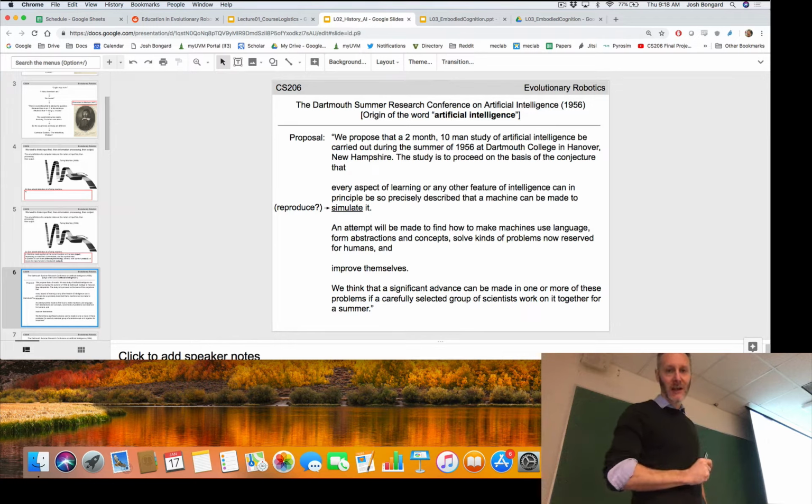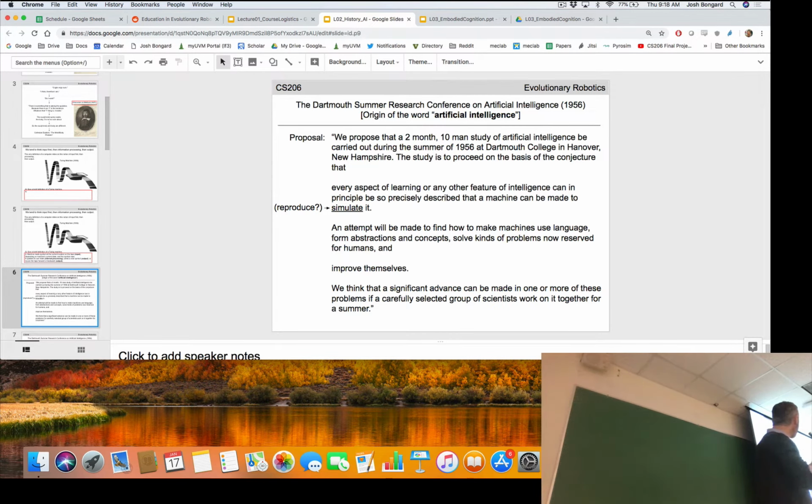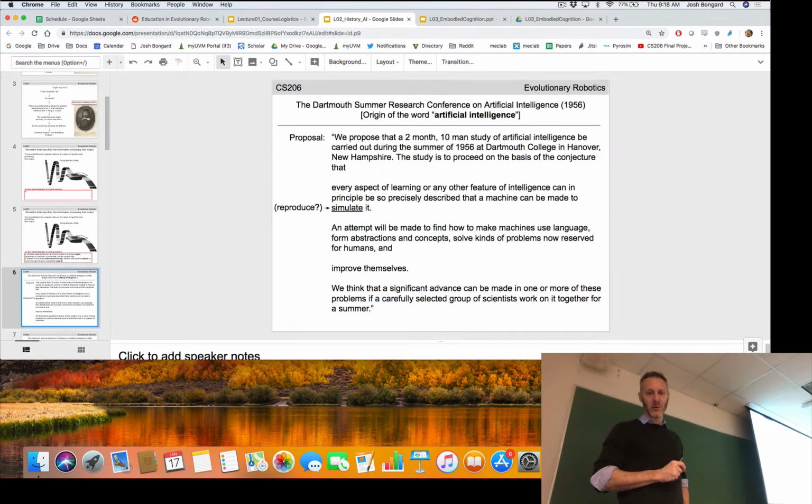So they proposed to the government to spend the summer of 1956 at Dartmouth studying AI. The study over the summer is going to proceed based on the following conjecture. This was not a proof, it was a conjecture that every aspect of learning or any other feature of intelligence can in principle be so precisely described that a machine can be made to simulate it.